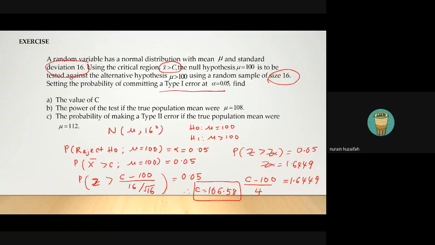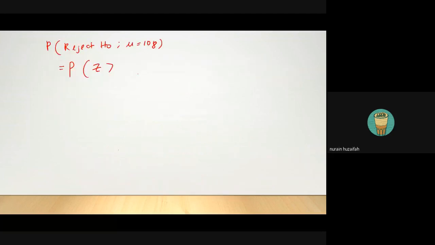We use this previous answer. So C is equal to 106.58. Okay, we will reject the null hypothesis when our X bar is greater than 106.58. So this is based on the first answer, first part.